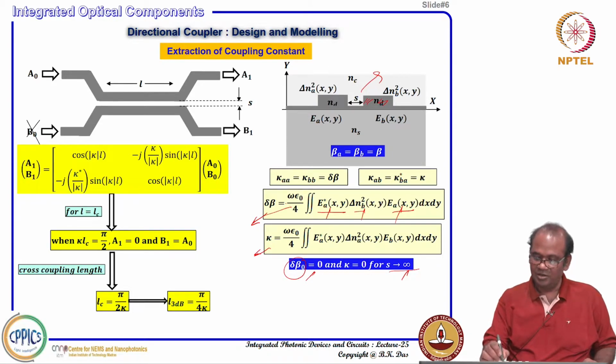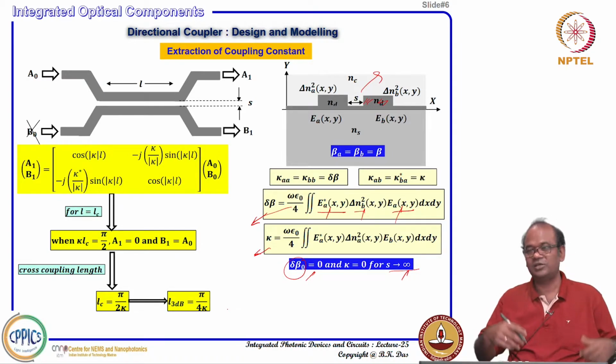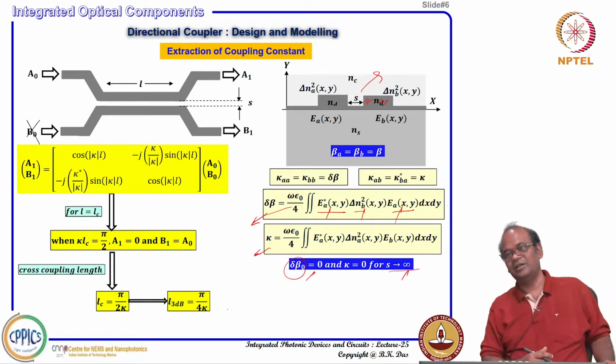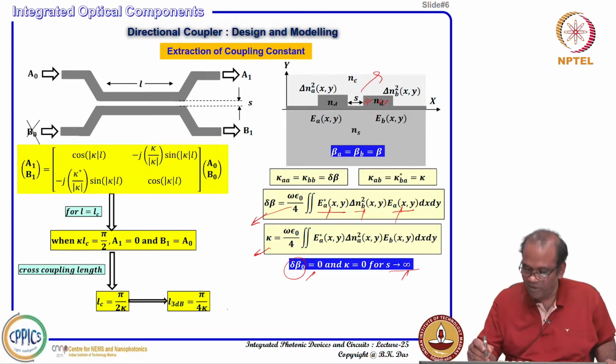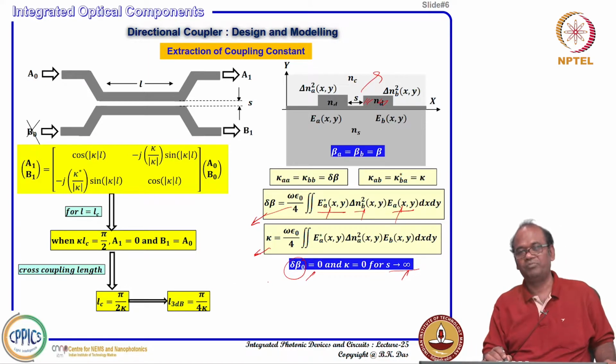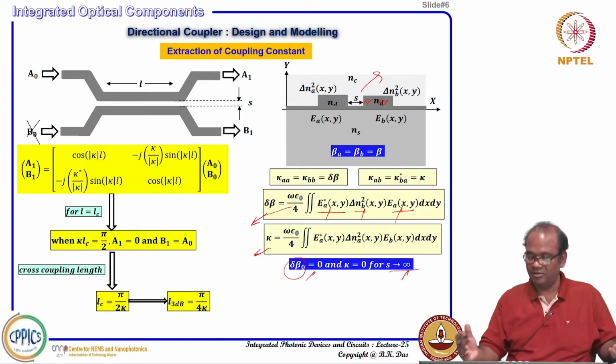That means the propagation constant modification of the first or second waveguide due to the presence of the other waveguide will not be significant. Similarly, when S is large, the coupling strength kappa will be 0, because over a large distance either EA will be 0, or EB will be 0, or delta n A square will be 0.